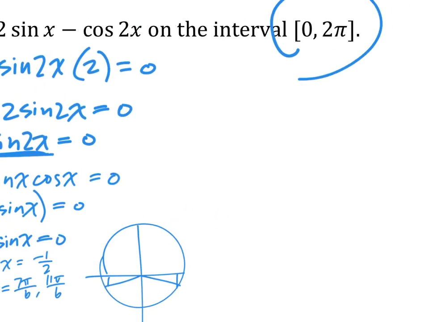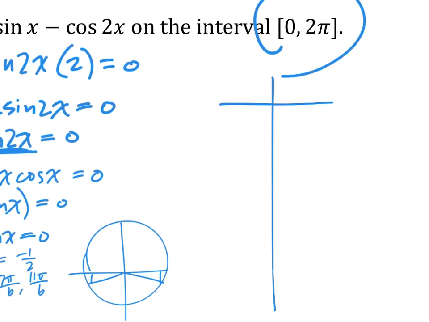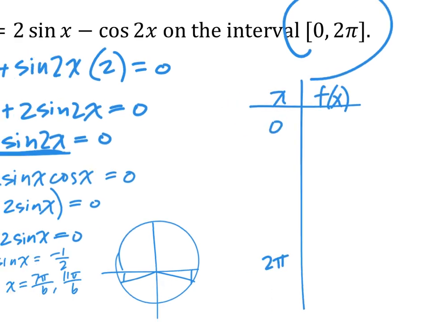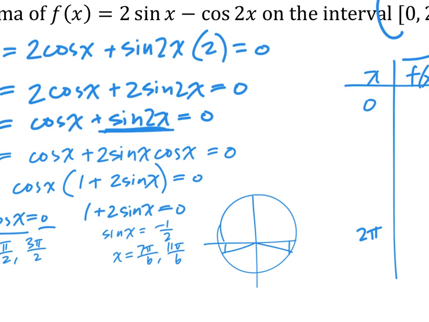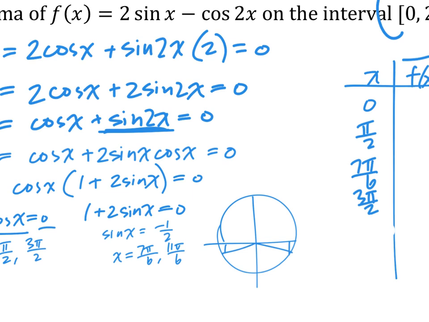All right, now what we're going to do is take our endpoints, 0 and 2 pi, and then put in our critical values, going from smallest to highest: pi over 2, 7 pi over 6, 3 pi over 2, 11 pi over 6, and then 2 pi.